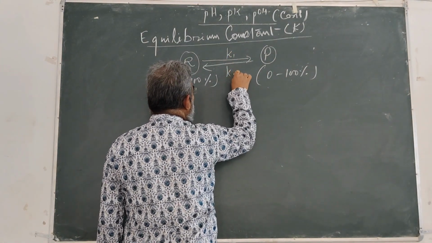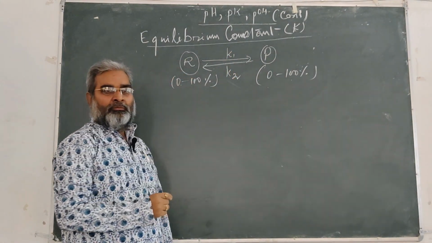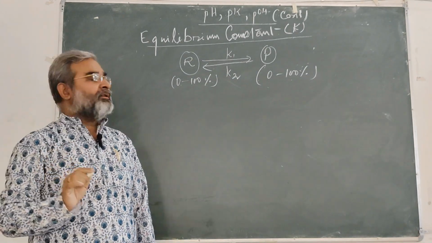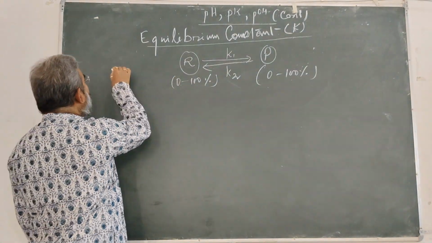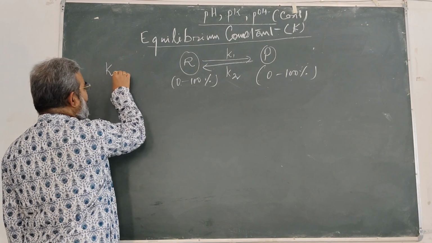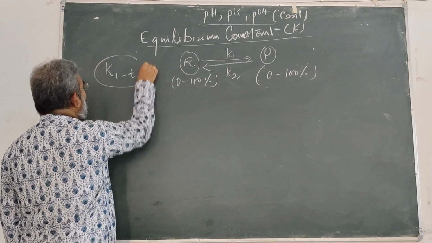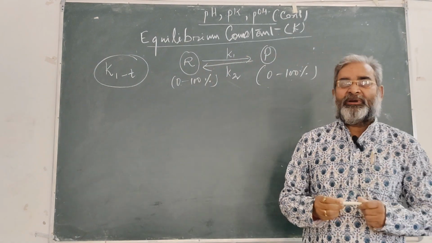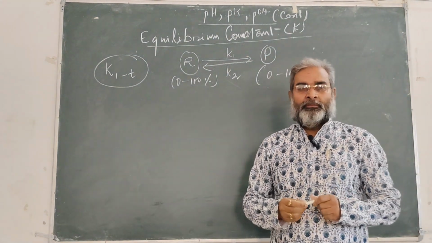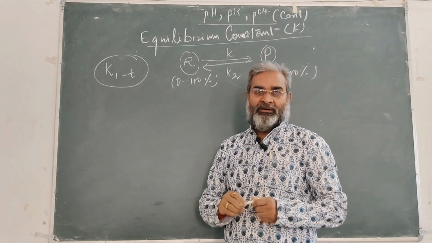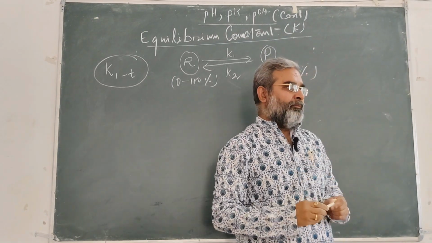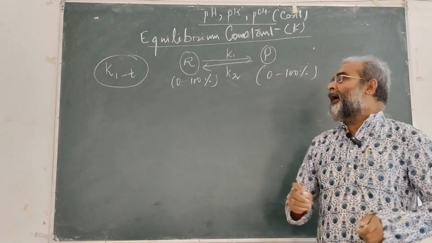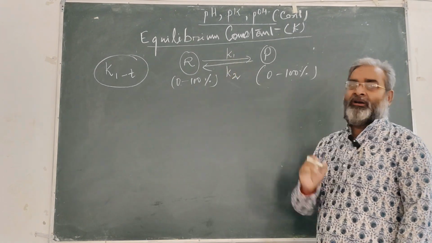This one is represented by K2. In some conditions, K2 is represented by K1 minus T. It is also the representation used in some books. T represents the time. And otherwise, you represent K1 or K2.